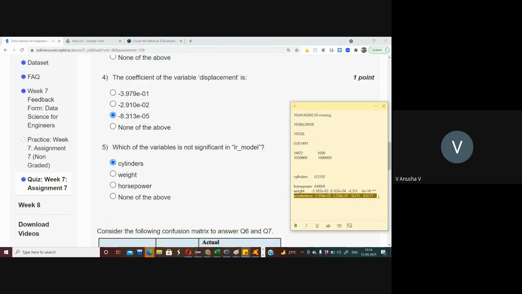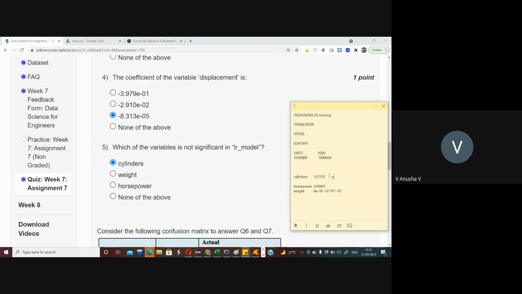Acceleration is also not considered, and the weight p-value is this one. This I can just write as 6 into 10 power minus 10. These are the p-values.